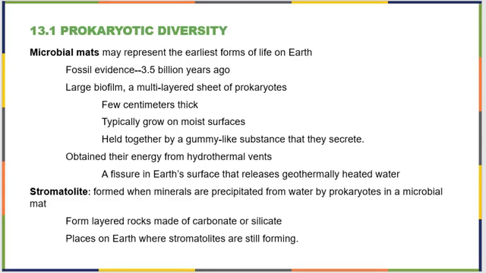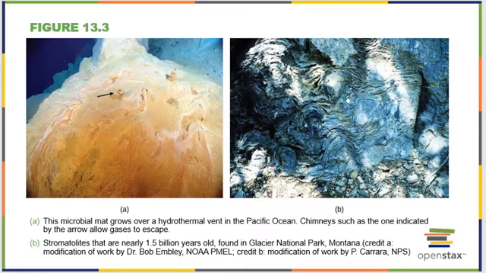Stromatolites form as layered rocks made out of carbonate or silicate, and there are actually places on Earth where stromatolites are still forming, and they make some absolutely beautiful caves. Here's an example of some microbial mats on the left-hand side and stromatolites on the right-hand side. While most of them are quite old, we can find them in places where they're still actively growing, like on the beaches near San Francisco.